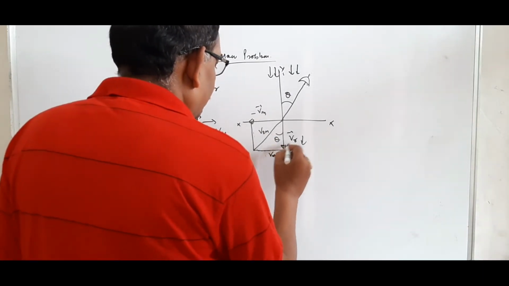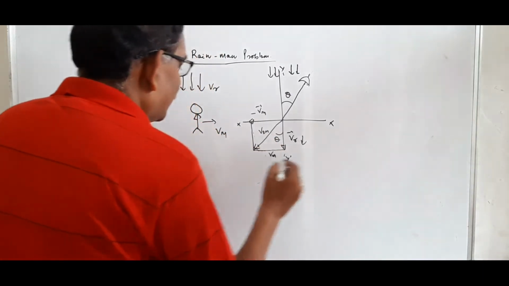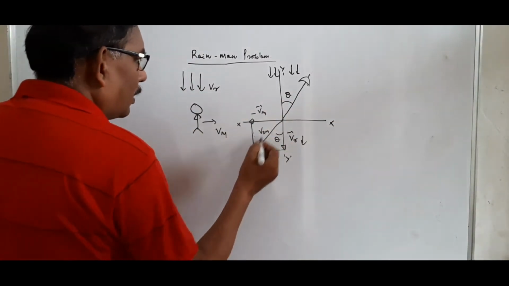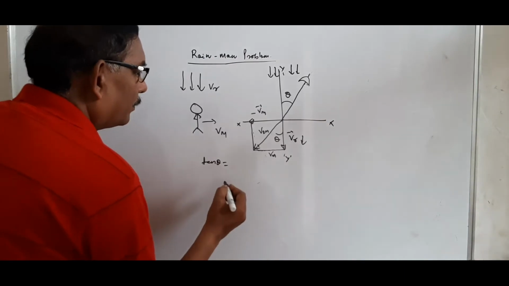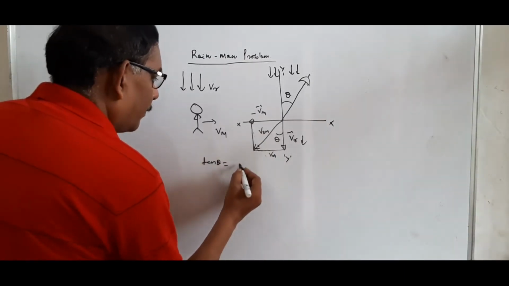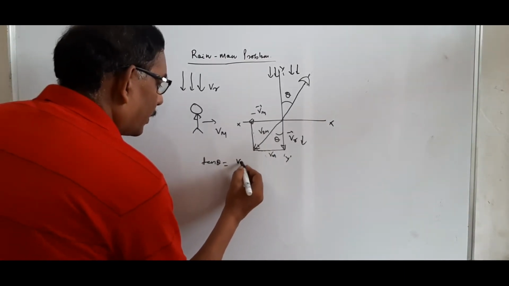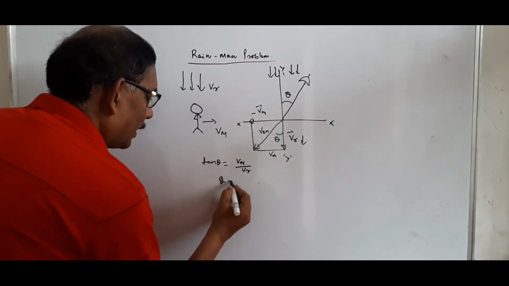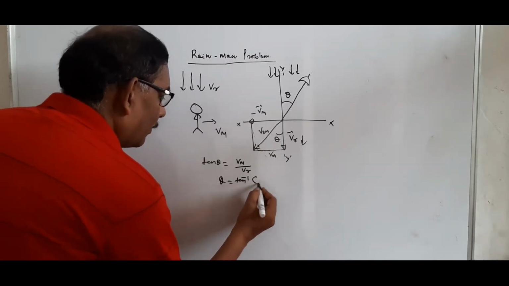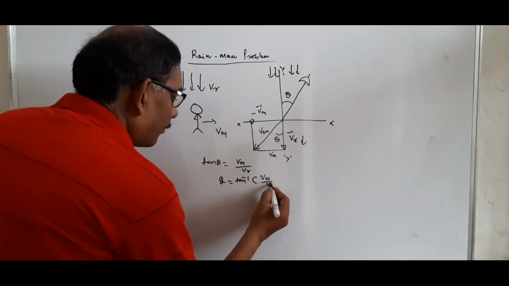So what is the direction of the umbrella? Tan theta is equal to Vm by Vr, and theta is equal to tan inverse Vm by Vr.